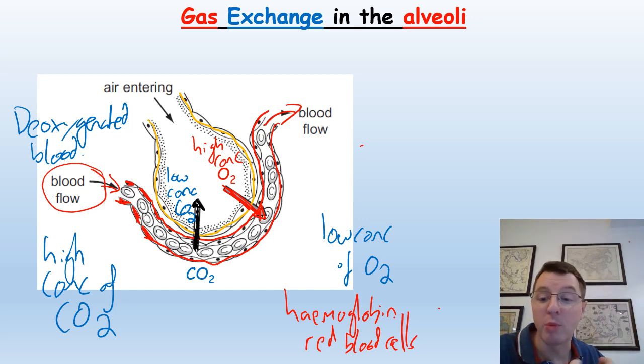The hemoglobin will bind to the oxygen and form a chemical called oxyhemoglobin, and the red blood cells will carry the oxygen around the body, ready for any other cells that need it for respiration. So gas exchange happens just because of simple diffusion.